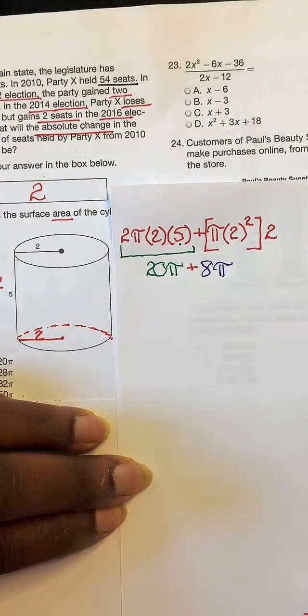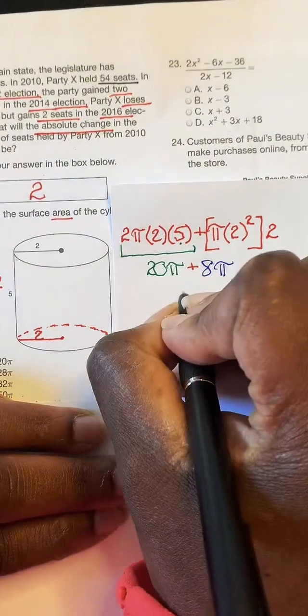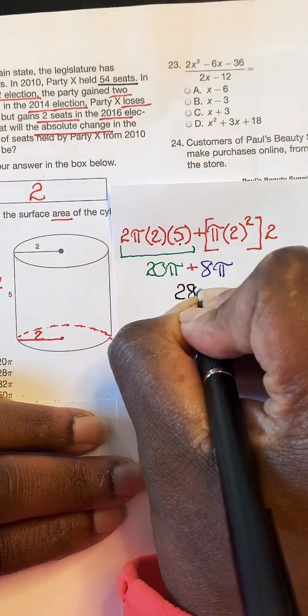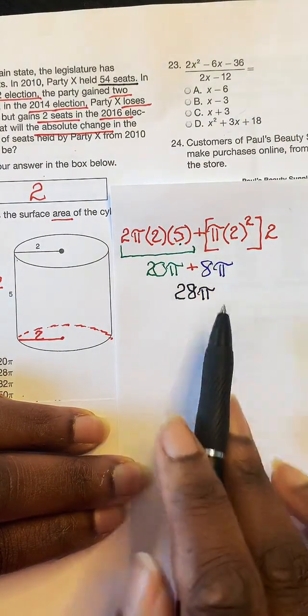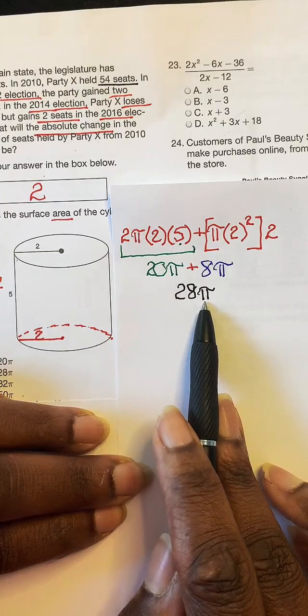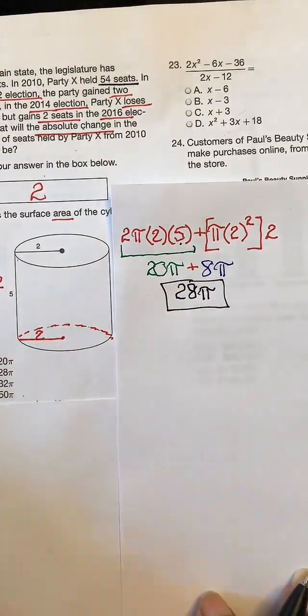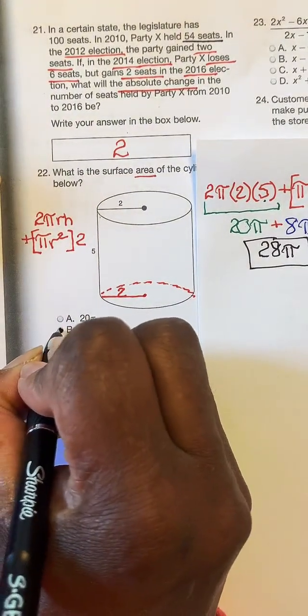So now we basically got like terms. So when we have 20 plus 8, that gives me 28. And it's not going to be pi squared because we're not multiplying, we're adding. So we're just keeping pi as is. So our answer is going to be 28 pi, which is answer B.